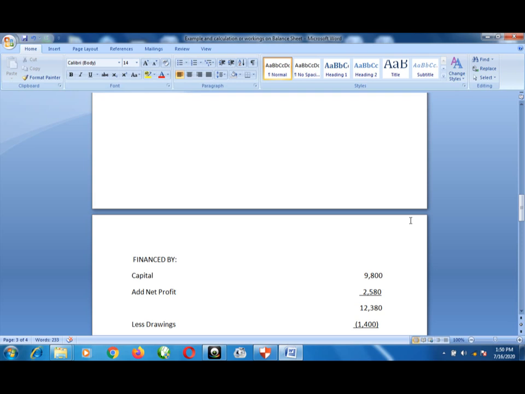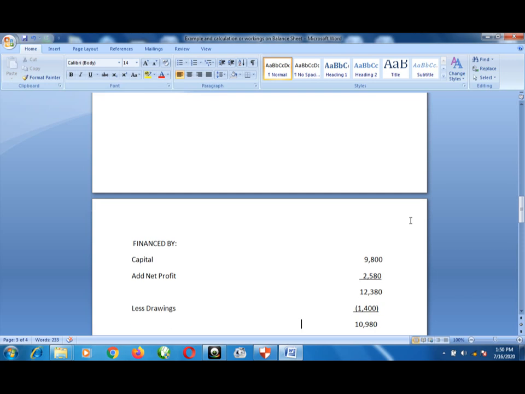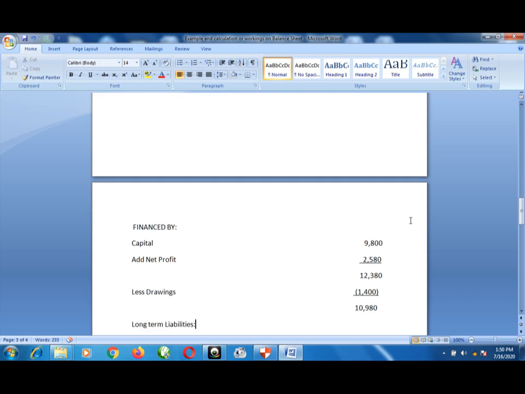The signs of brackets, open and close, in the drawings show that you are asked to deduct drawings from the actual amount of net profit and capital. By deduction of 1,400 naira from 12,380 naira, it gives 10,980 naira.